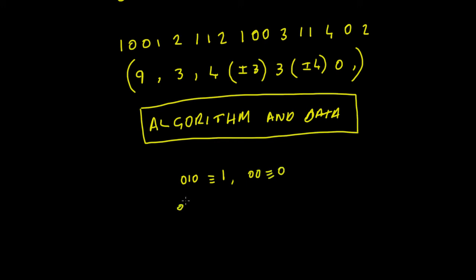And 0, 1, 1, 0, sorry, we can define that as being 2. And 0, 1, 1, 1, 0, we can represent that as a 3. And obviously if we had 0, 1, 1, 1, 1, 0, we could define that as a 4, and so on and so forth.